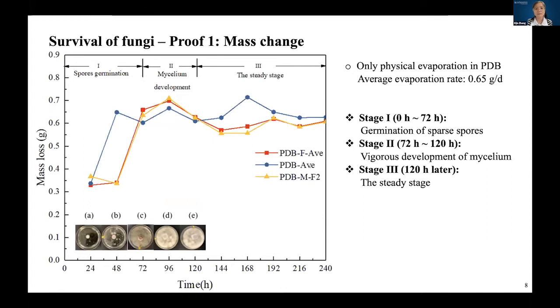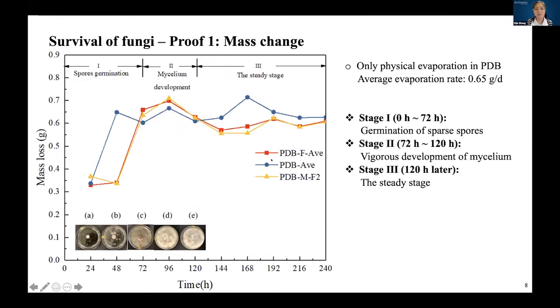Firstly, we measure the mass change during the incubation time. Here we show 3 groups. We use the PDB group as a baseline because only physical evaporation occurred in this group, and we can get the average evaporation rate of 0.65 gram per day.